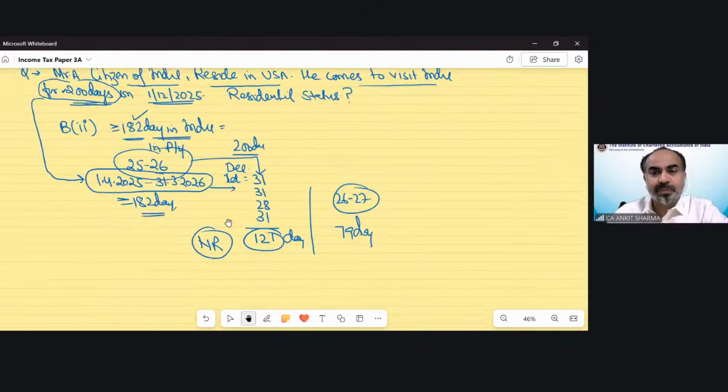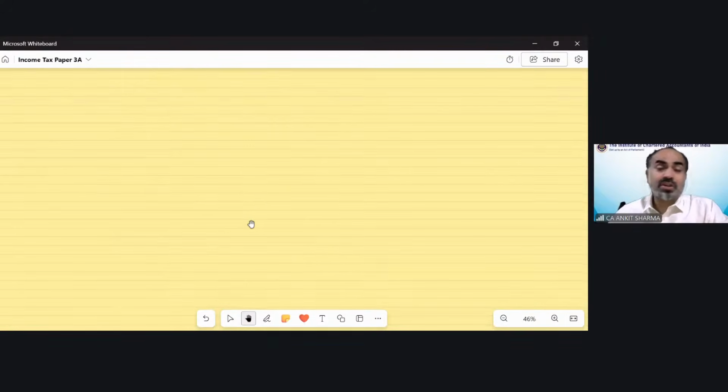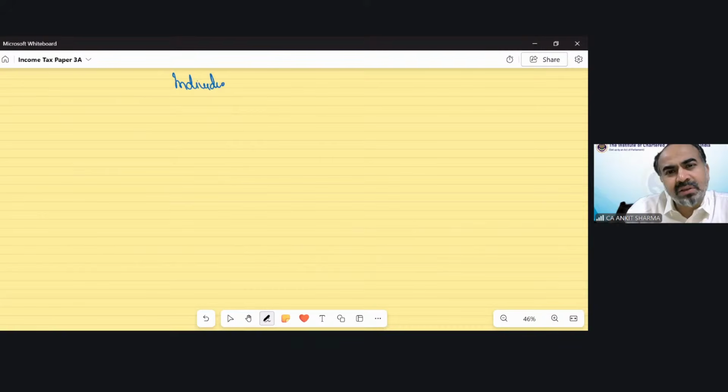Okay, now one special provision. Now we have found out the status in case of an individual. Things are going to be a little more complex. This is the last complexity, after that the individual concept is going to end. We have found out whether an individual would be a non-resident or a resident.